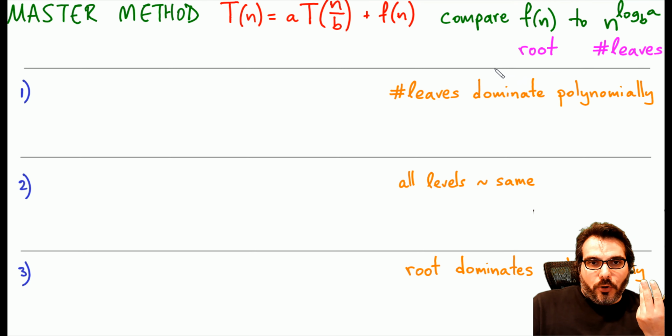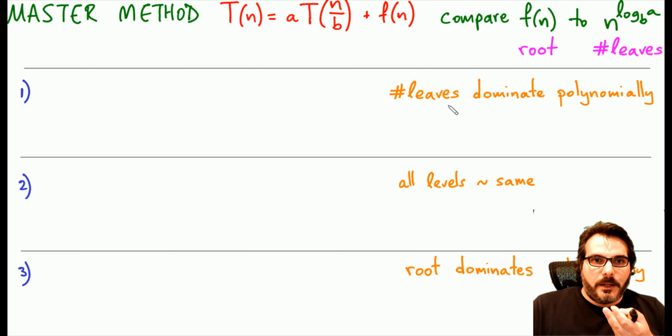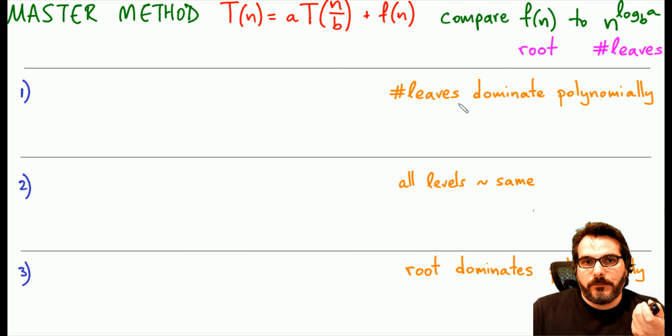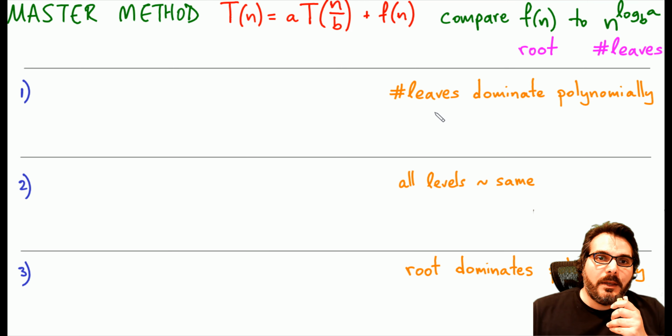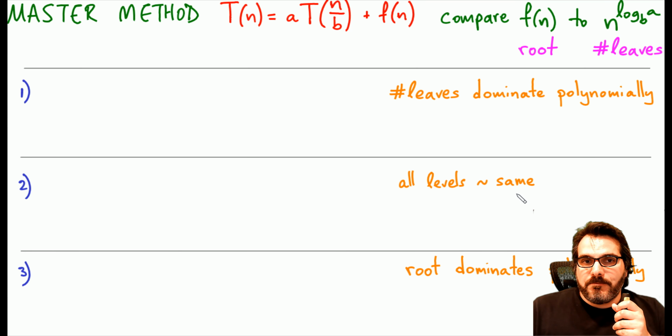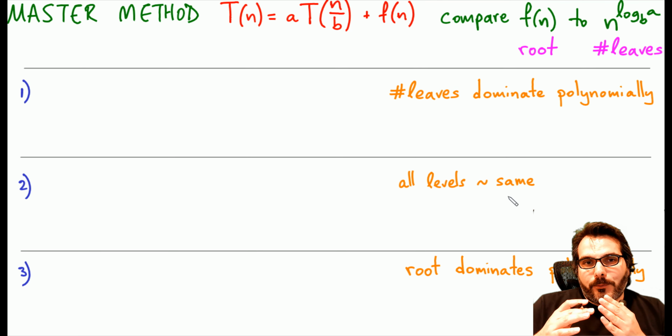Since it's a comparison, there are basically two, maybe three outcomes, right? For example, the first outcome is that leaves dominate polynomially. In the second, all levels are the same, or same-ish, which also means that nothing is dominating polynomially.